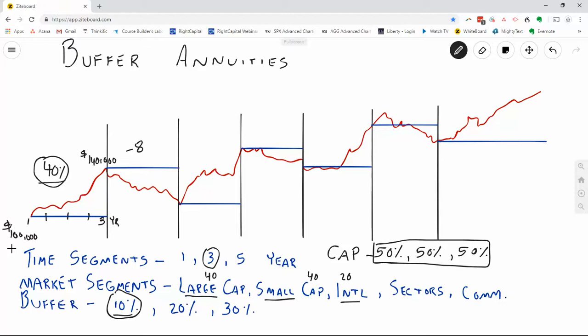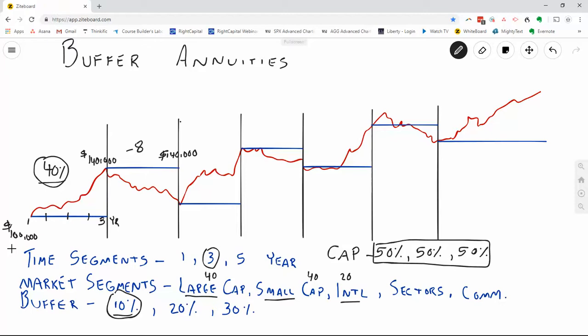I am going to not lose any money. So they took the first 10%, and I didn't go over 10%. So in this particular case, even though it didn't get beyond the buffer, at the end of this 3-year period, I kind of gained everything in the first 3 years, and didn't lose anything in the second period.